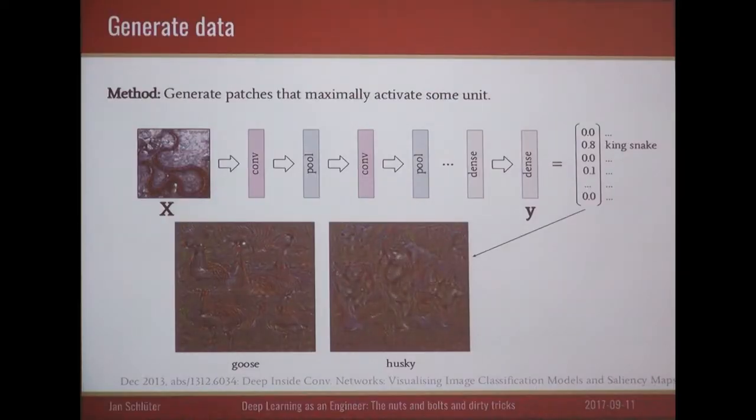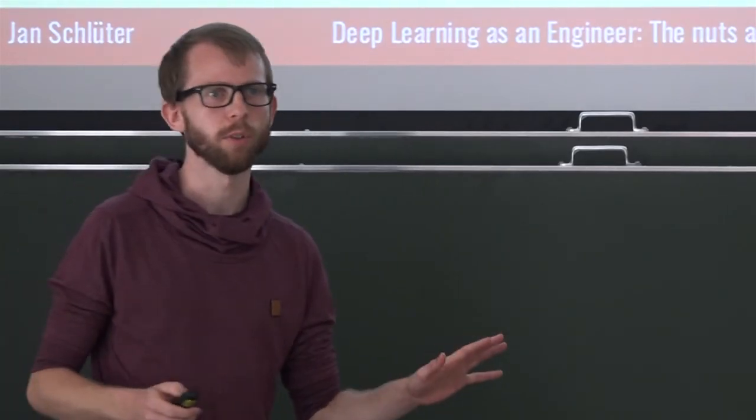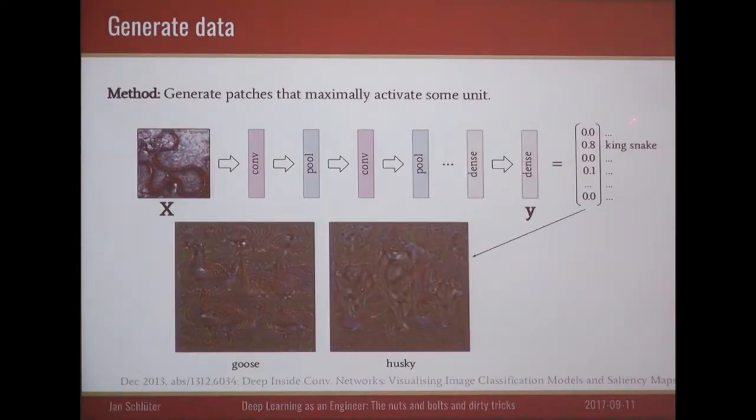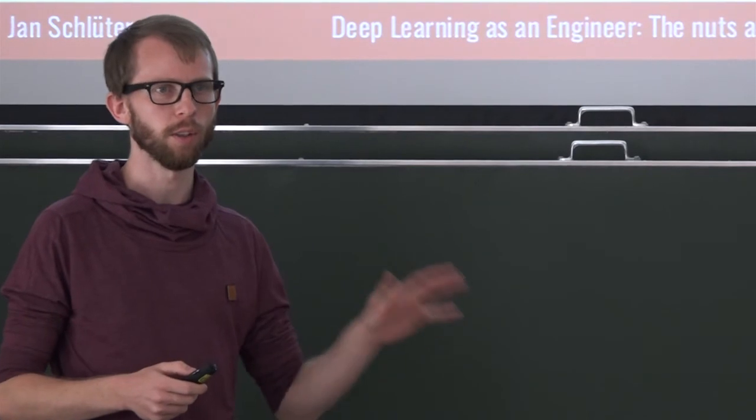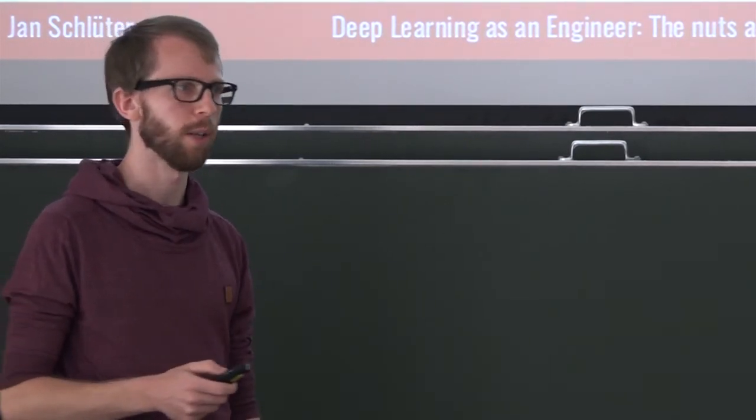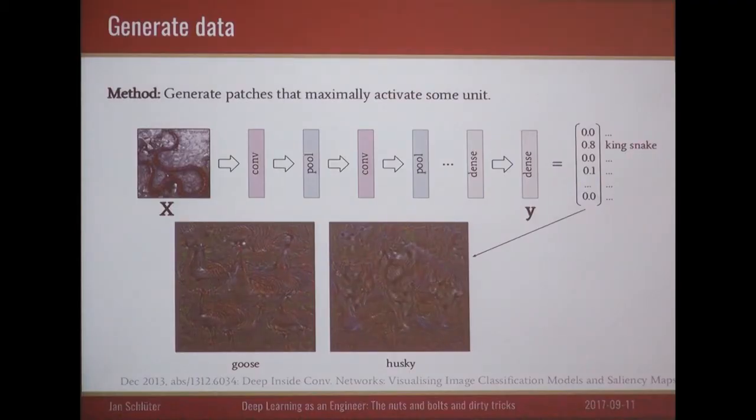And another way is not to find the patches that maximally activate some unit, but to generate data that maximally activates some unit. So you start with some random input, and you compute the output, you compute the gradient of the output with respect to the input, and you modify the input step by step to maximize the activation here.